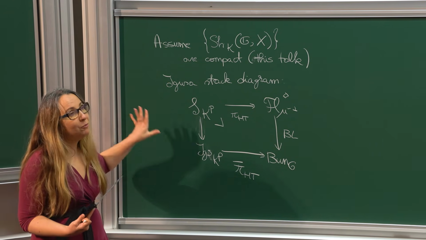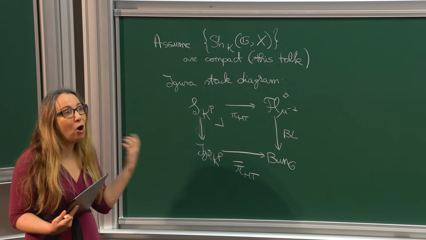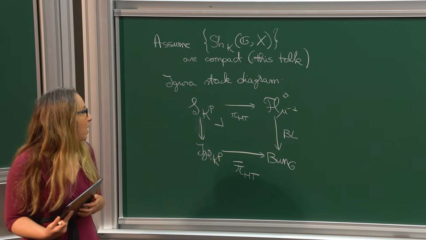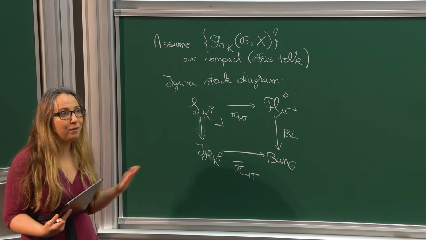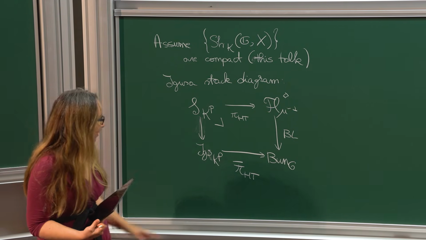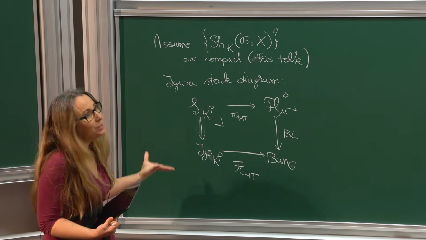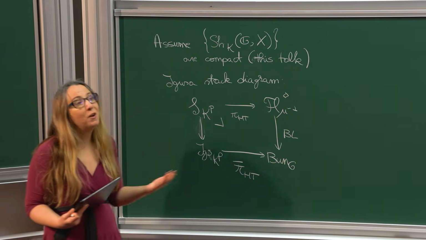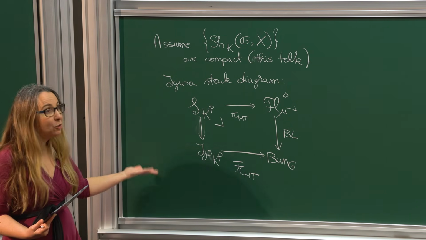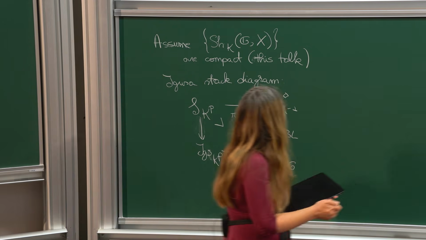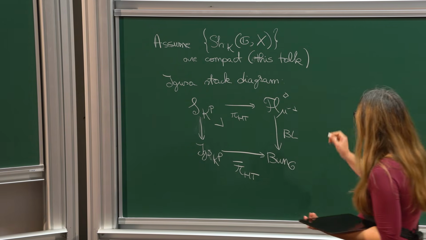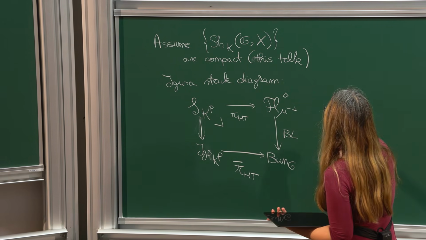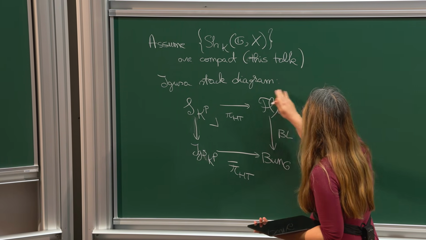So this diagram really encapsulates a lot of what was known about the geometry of Shimura varieties beforehand. And so that's one thing that makes it great. And another thing that makes it great is just there are a lot of cohomological consequences that you can derive from it.